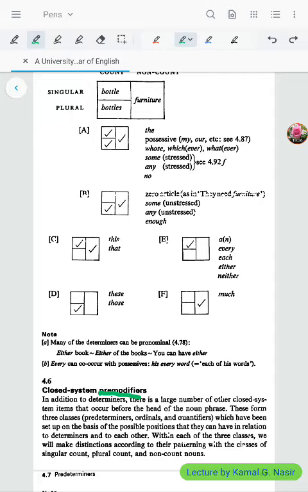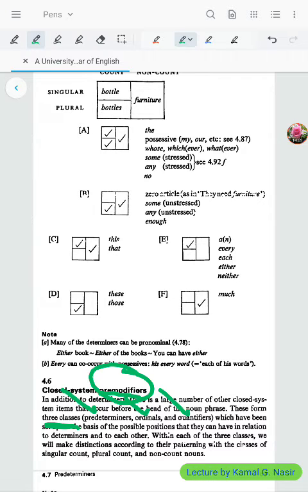There is a large number of closed system items that occur where? Before the head noun, before the head of the noun phrase. Clear? The pre-modifiers are classified into 3 types. What are they? Predeterminers, ordinals, and quantifiers.